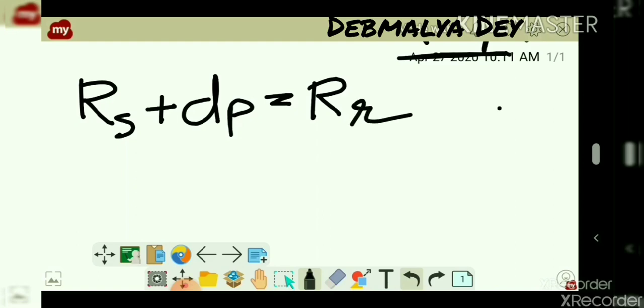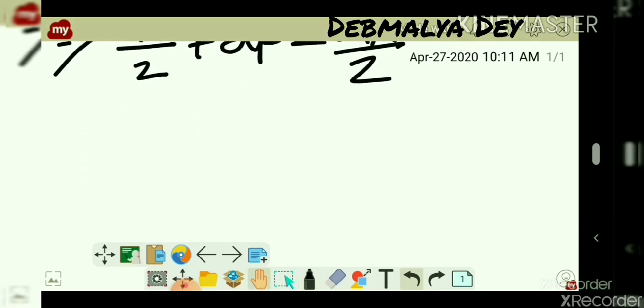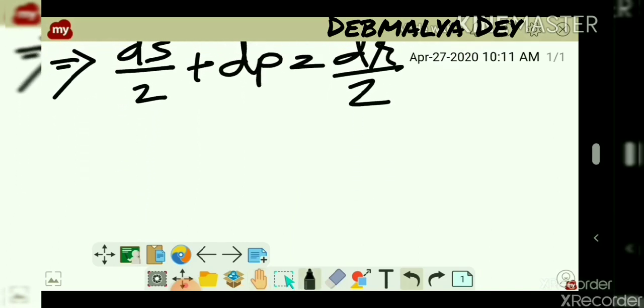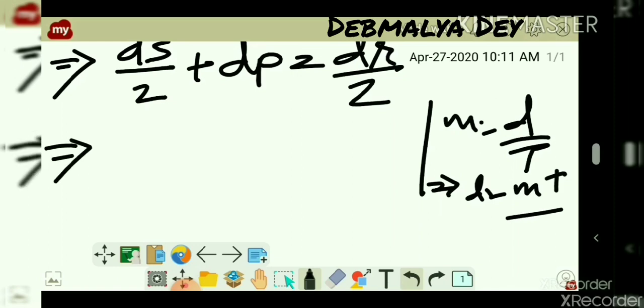Okay, now in the next step we will write the radius as d by 2: dS by 2 plus dP equals dR by 2. Now we know there is a formula m equals d by t. From this formula we can write d equals m into t. And we all know that the modules of all the gears in a gear train are equal.